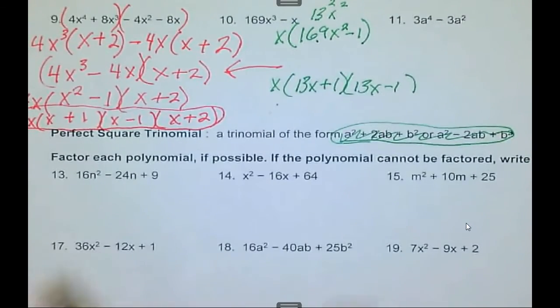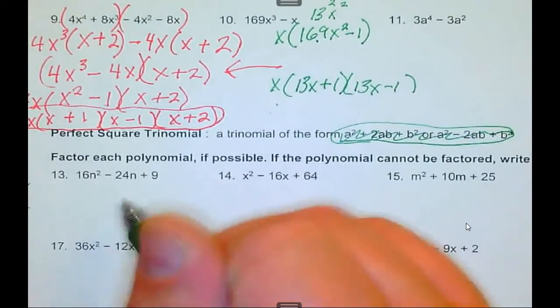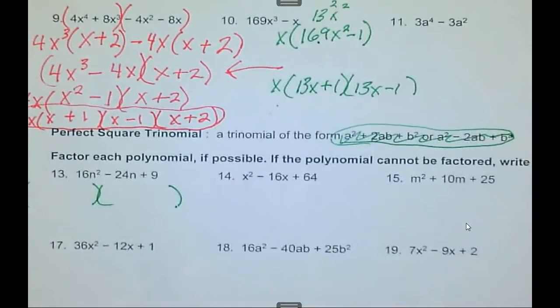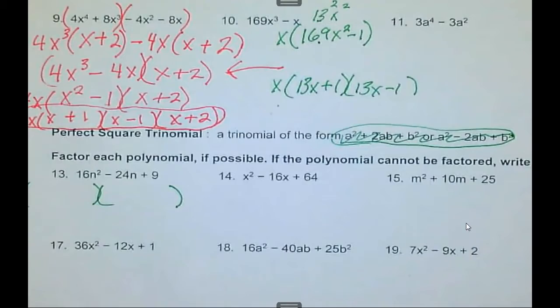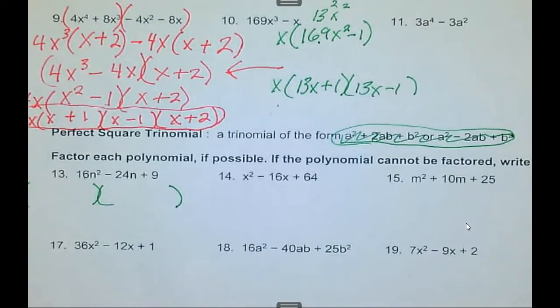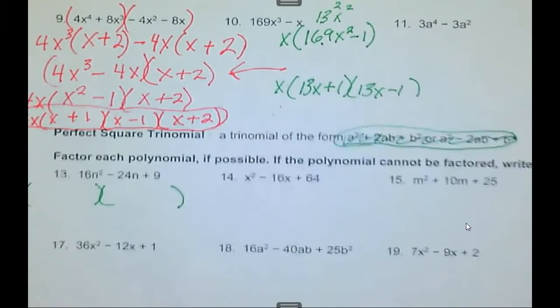Now this is actually a pretty hard one. Because there's so many factors for 16 and for 9. So we got 1 and 16, 2 and 8, 4 and 4. We need to try all those. Remember, we do the guess and check method.